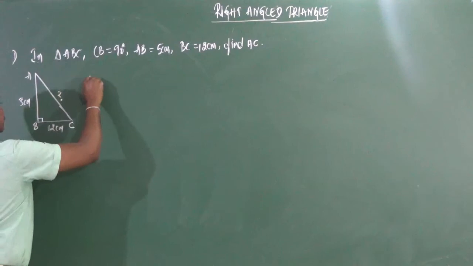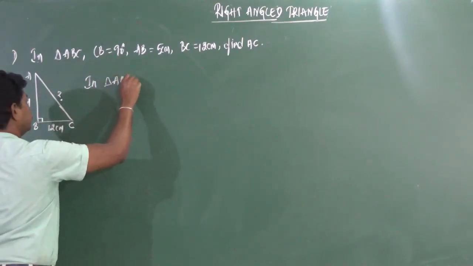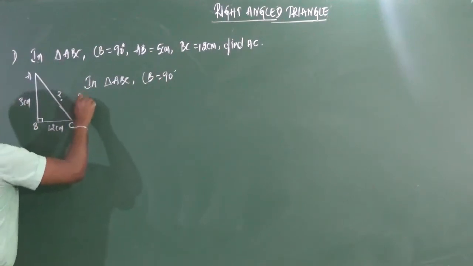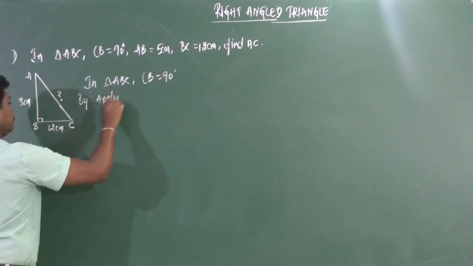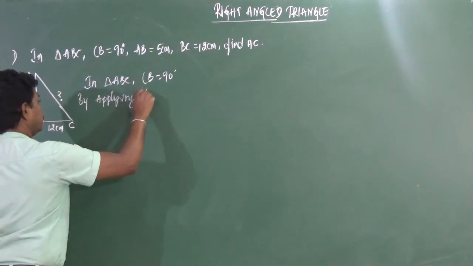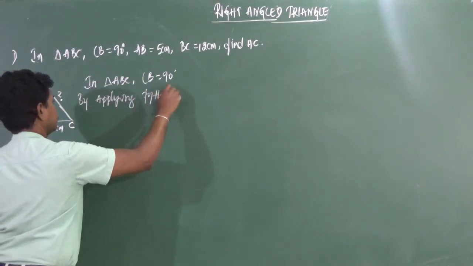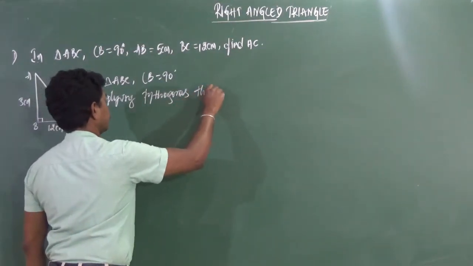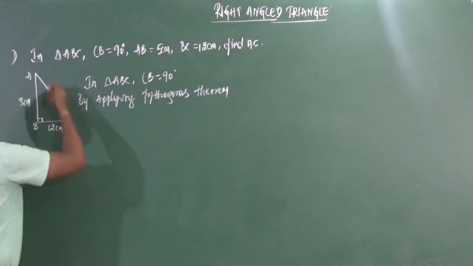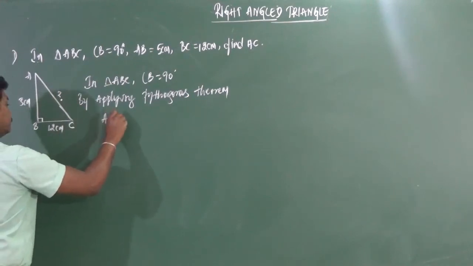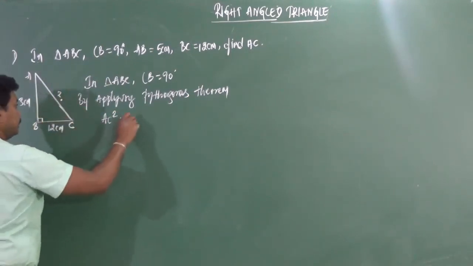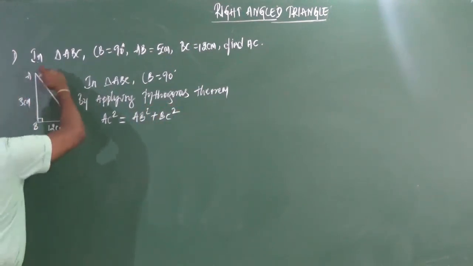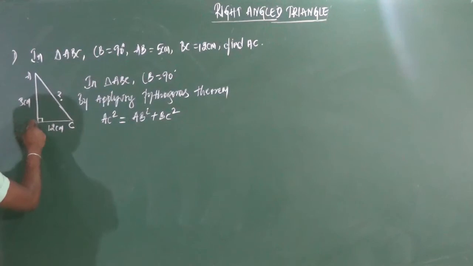In triangle ABC, angle B is equal to 90 degrees, by applying Pythagoras theorem, AC square is equal to AB square plus BC square.